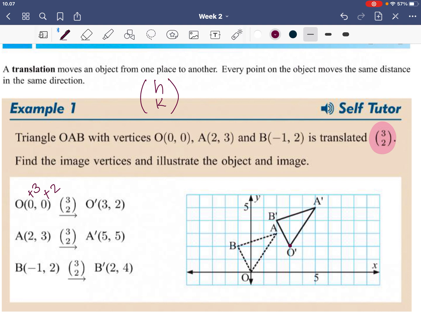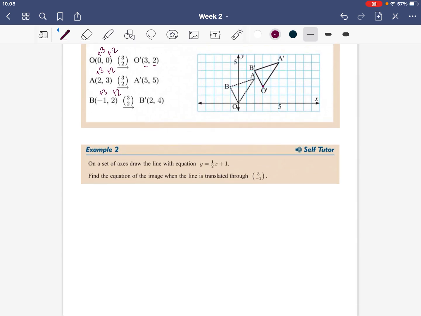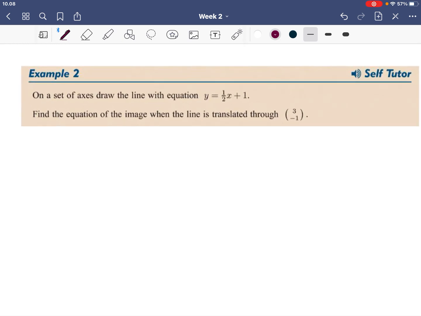That's why we got O prime as 3, 2. Again, that's the same thing, 3, 2, because they're positive. So basically, when you're translating an object, you're just adding by H and K to each of the points. Easy peasy. Alright, so let's try it out.